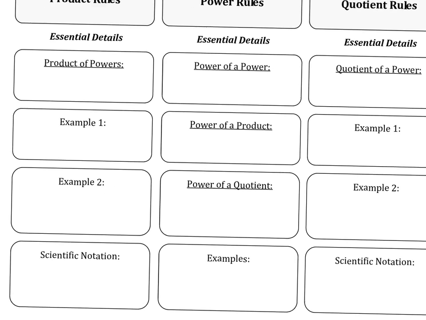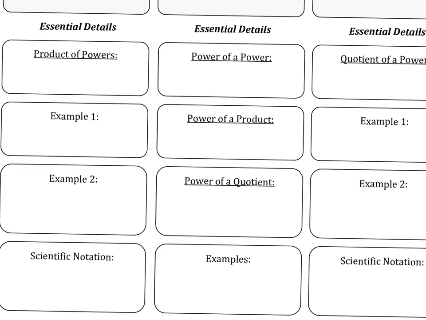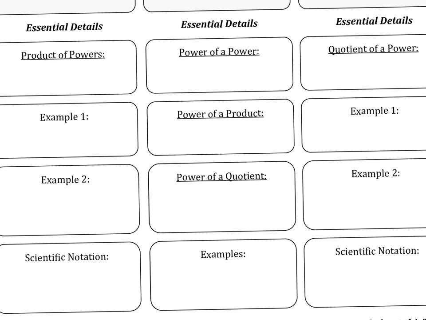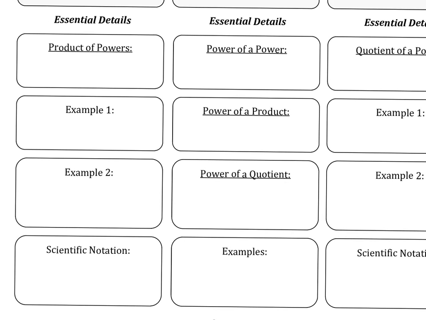So here's my first main idea, the product rules, and you have some stuff written in yours that is not on mine, so I'll have to add them in there. First of all, product of powers.